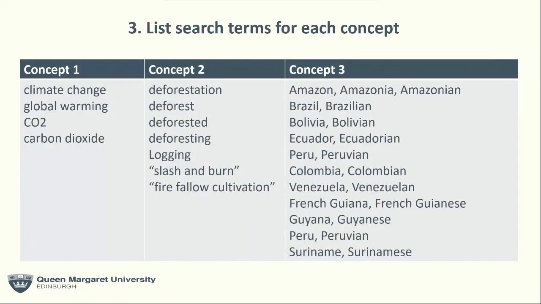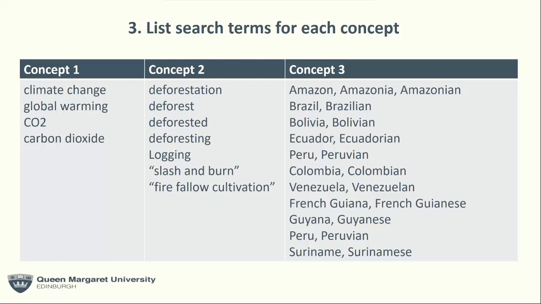This is necessary to help us create the lists of keywords and key phrases around each concept. We initially had 2 concepts, deforestation and climate change, but now we have a 3rd concept, Amazon, with its synonyms and related terms, which will be used in our search.